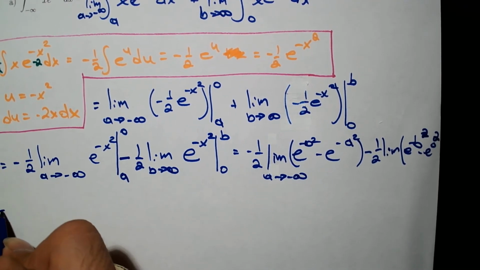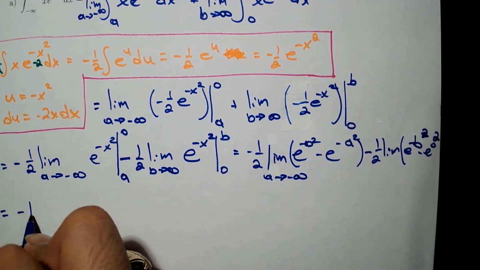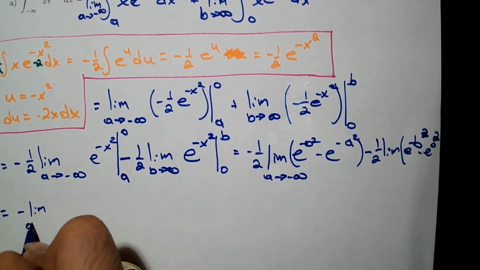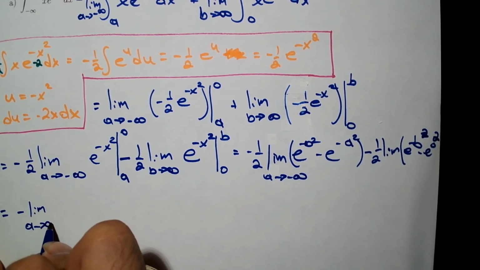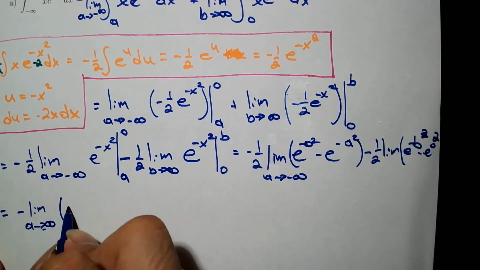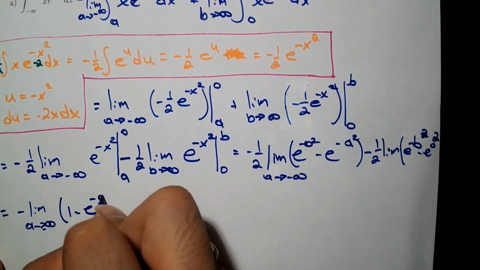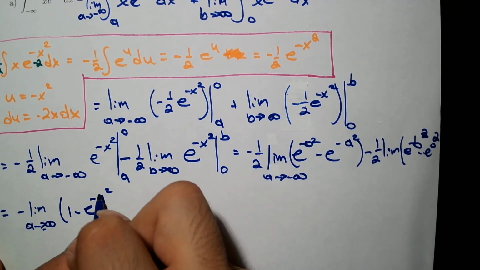E to the 0 is going to be 1 minus e to the negative a squared. We don't evaluate the limit yet.